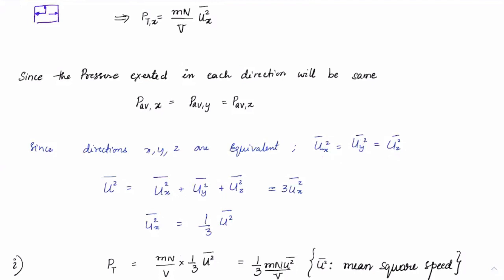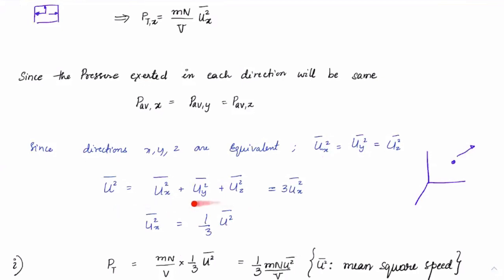So if you write something like this, imagine a particle is moving, right? A particle is somewhere here and it is moving in 3 dimensions. If I try to find out the mean for those particles, I can write its x component, y component and z component, right?